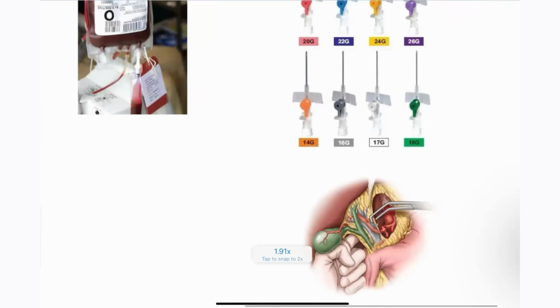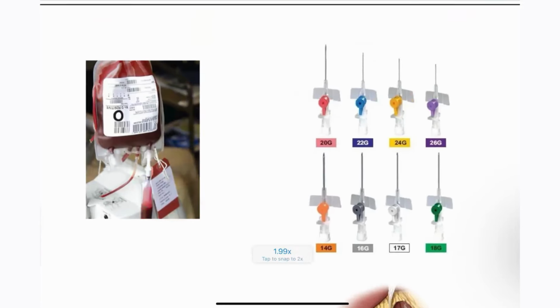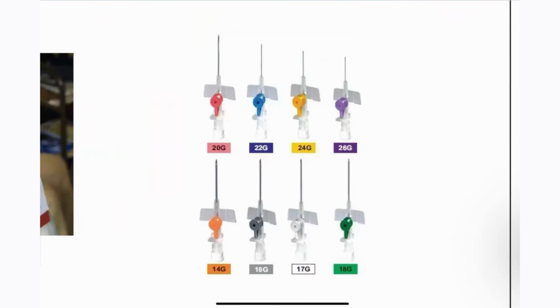Next, here you can see the picture of the different cannulas, right? So in the cannulas also, what is the important point that you have to remember? What is the gauge number? How much gauge is given for each color code? So better remember it this way so that you cannot forget.